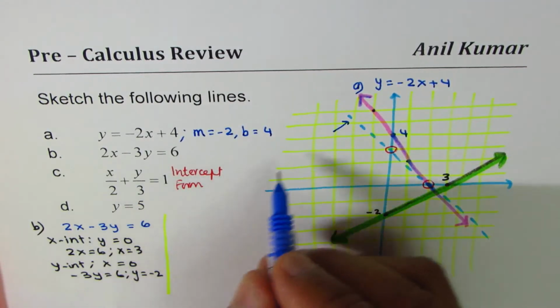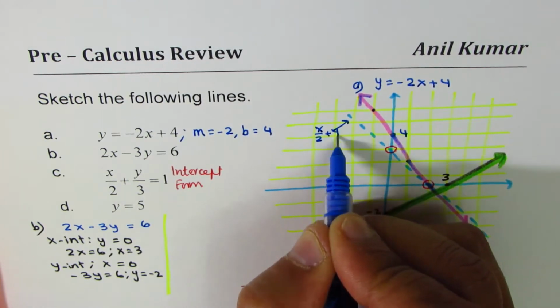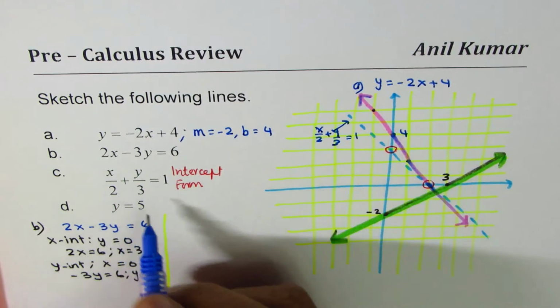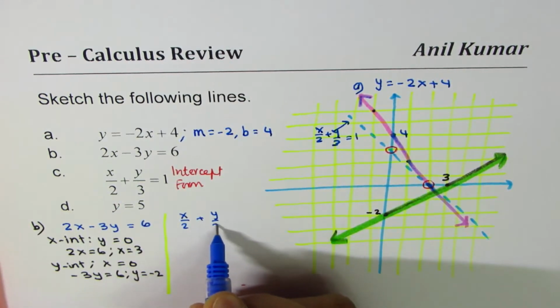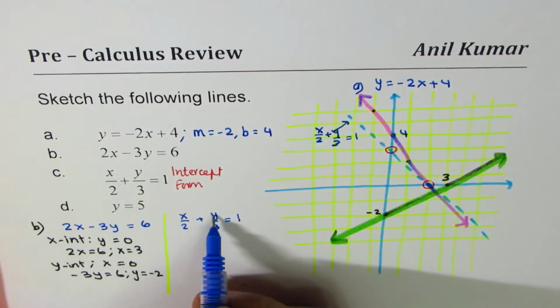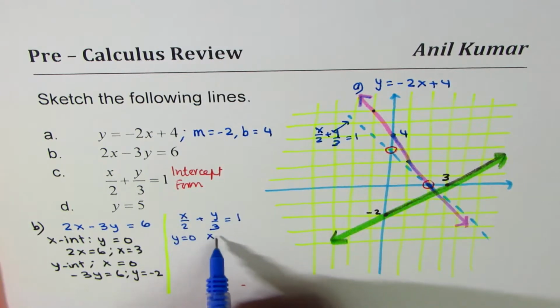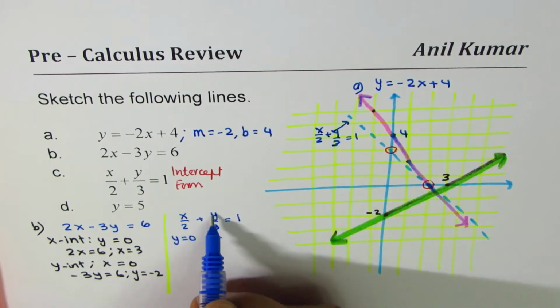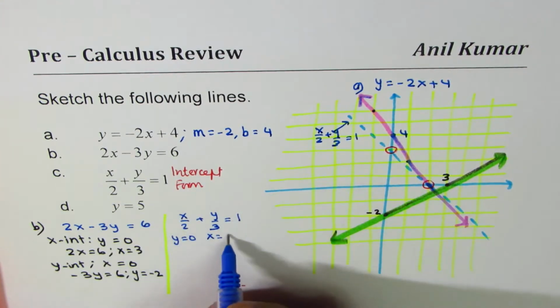You can also find these algebraically. If I have x over 2 plus y over 3 equal to 1, for the x-intercept, y is 0. So if y equals 0, then x over 2 is 1, cross multiply, x equals 2.